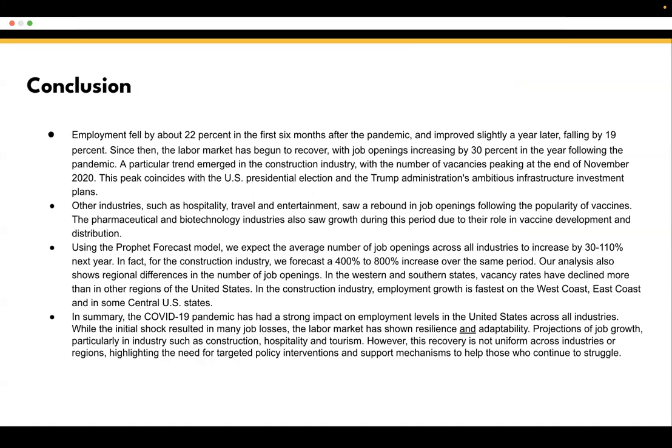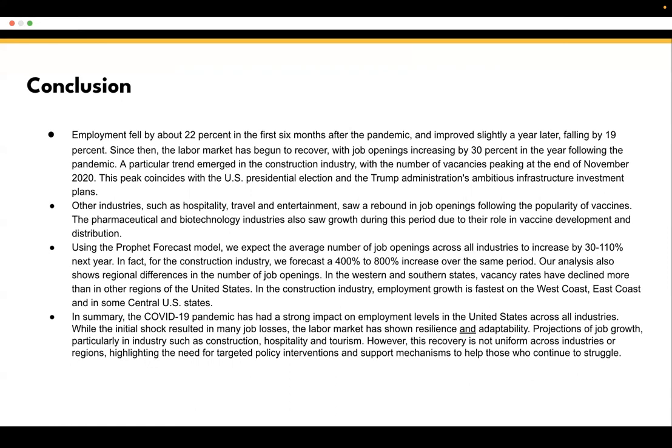Our analysis also shows regional differences in the number of job openings in western and southern states. Vacancy rates have declined more than in other regions of the United States. In the construction industry, employment growth is fastest on the West Coast, East Coast, and some central states in the U.S. In summary, the COVID-19 pandemic has had a strong impact on employment levels in the United States across all industries.